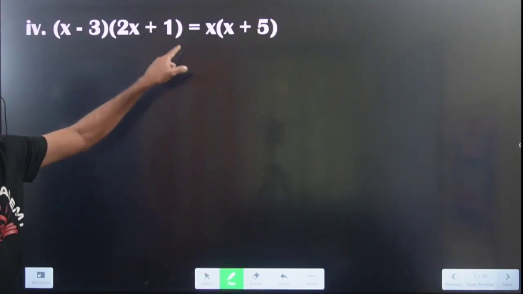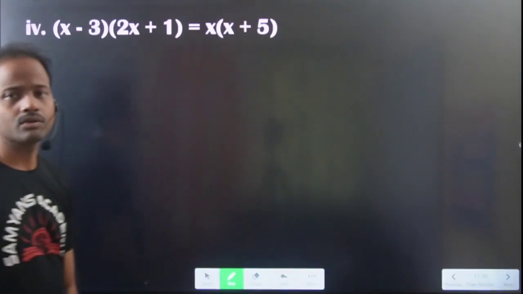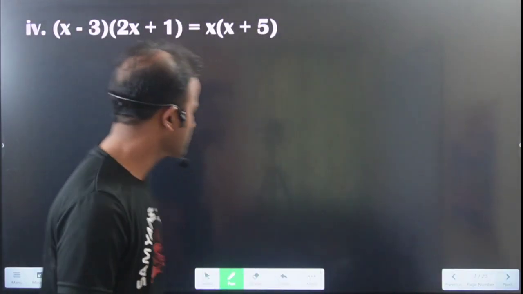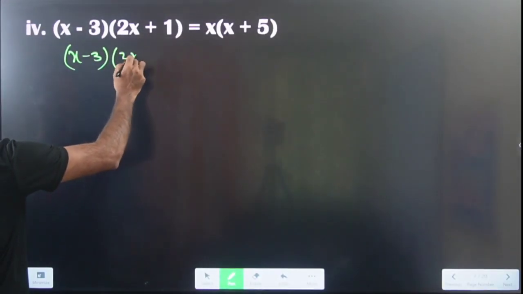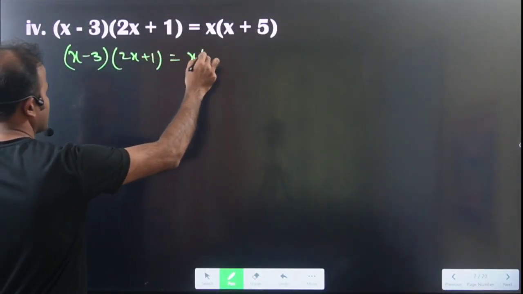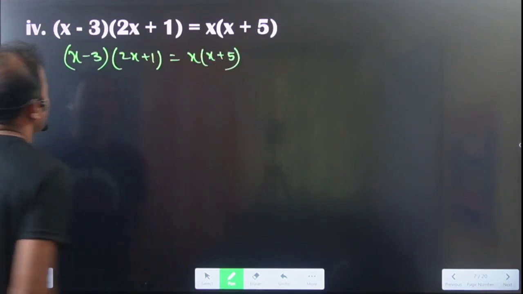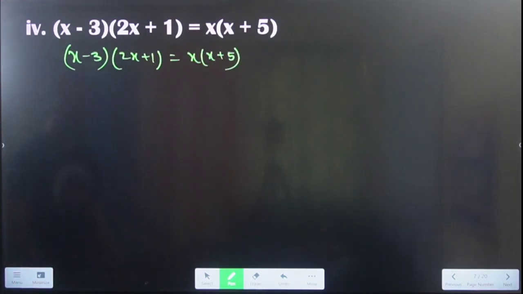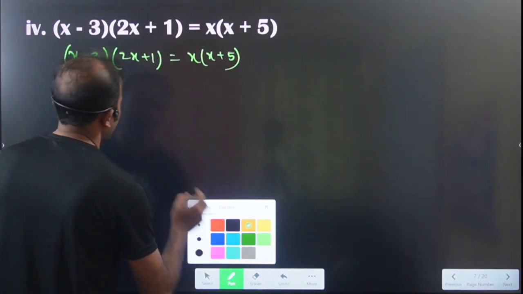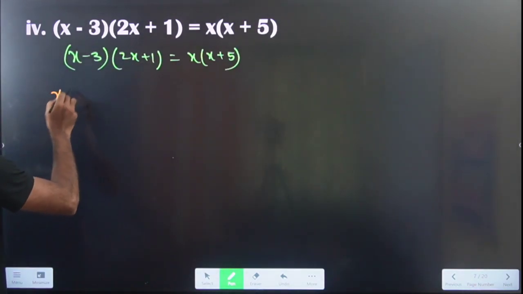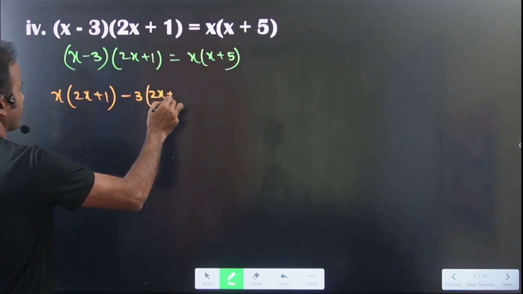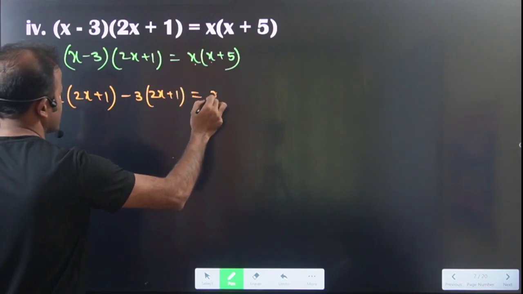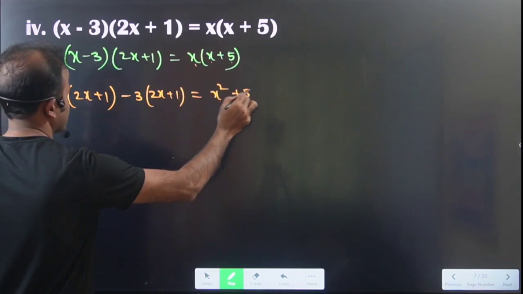Okay, so here we have (x minus 3) into (2x plus 1) equal to x into (x plus 5). Are you able to see this question? Right, I am writing it one more time here. First, what you have to do is write x with 2x plus 1, minus 3 with 2x plus 1, equal to x into x is x square, x into 5 is 5x.